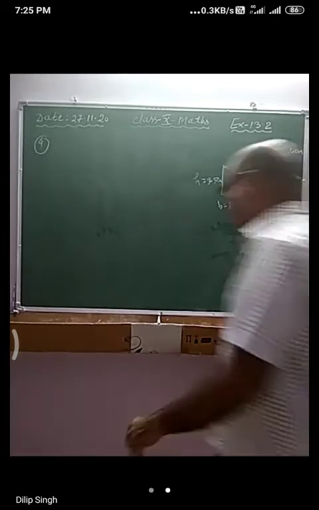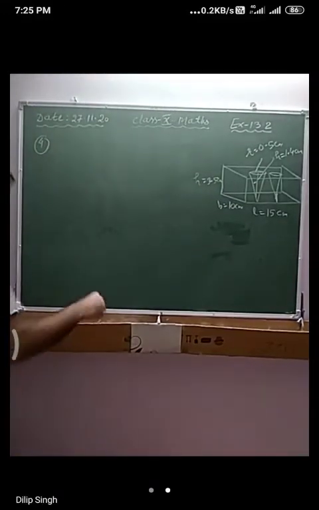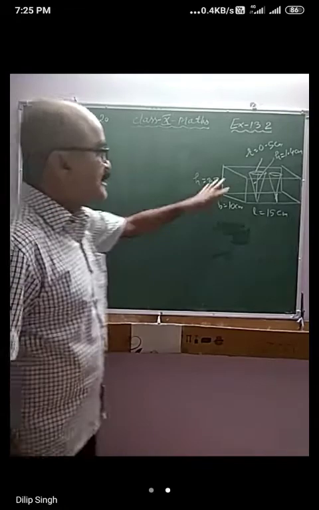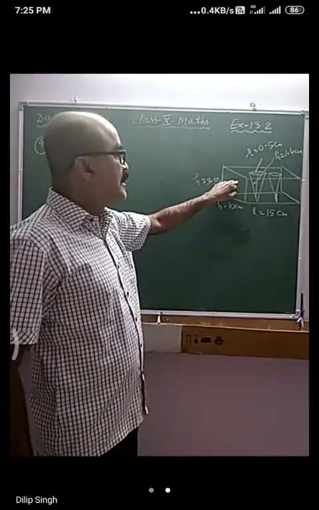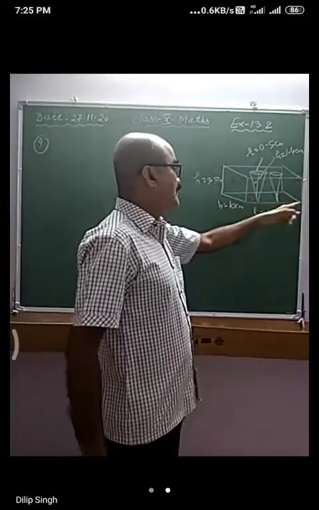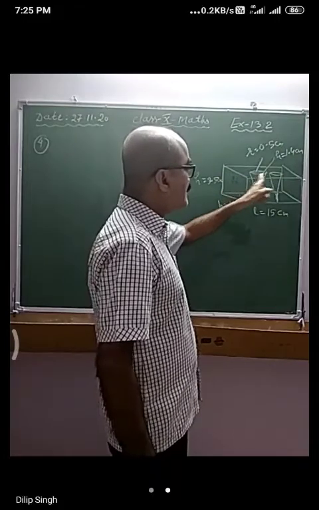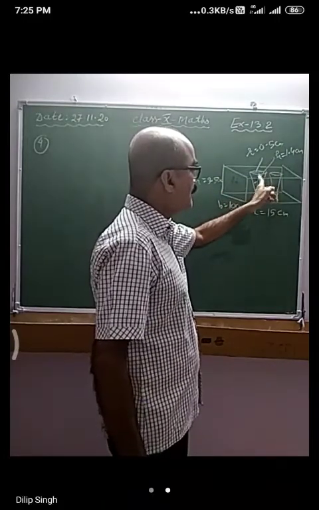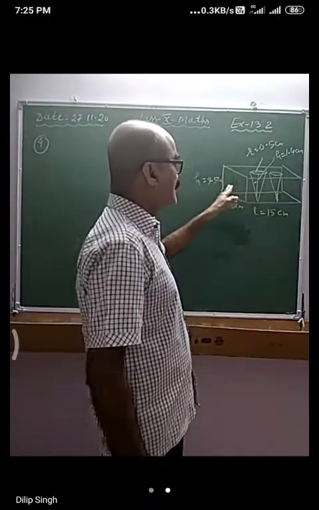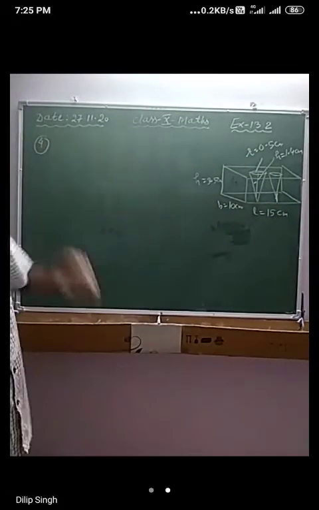So there are 4 conical depressions here. We need to find out the volume of the wood in this entire stand. So what we will do is find out the volume of this cuboid minus the volume of 4 conical depressions. Then you will get the volume of wood in the entire stand.